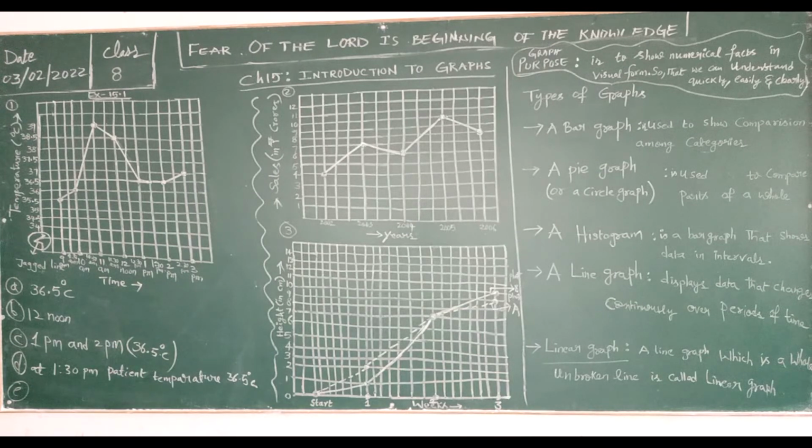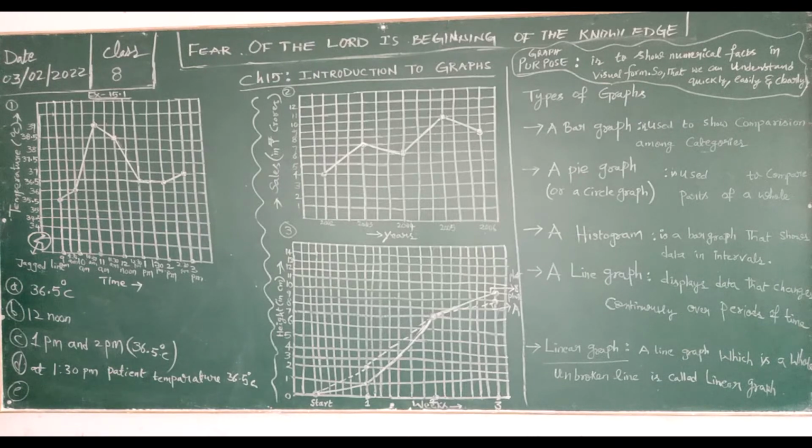Okay, very good. So whoever wrote 36.5 degrees Celsius, that is the correct answer. How? Between 1 and 2, find the line there, keep a dot on that line and check where it is. It is 36.5 degrees Celsius.